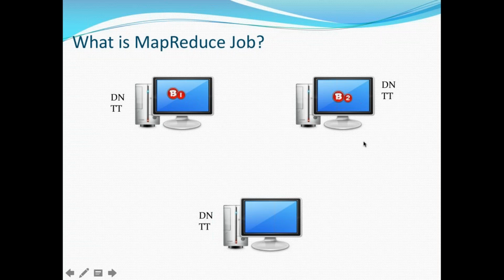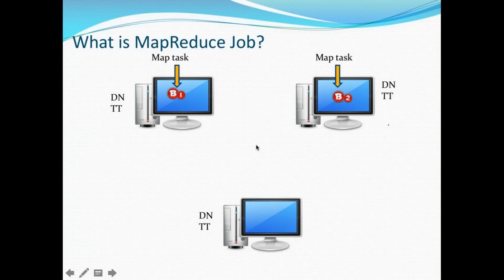The two blocks of data will be processed by two map tasks. Let us also assume that the framework has decided to run the map tasks on the above two machines and the reduce task on the below two machines. Just an assumption right now. The two blocks will be taken up by the two map tasks.